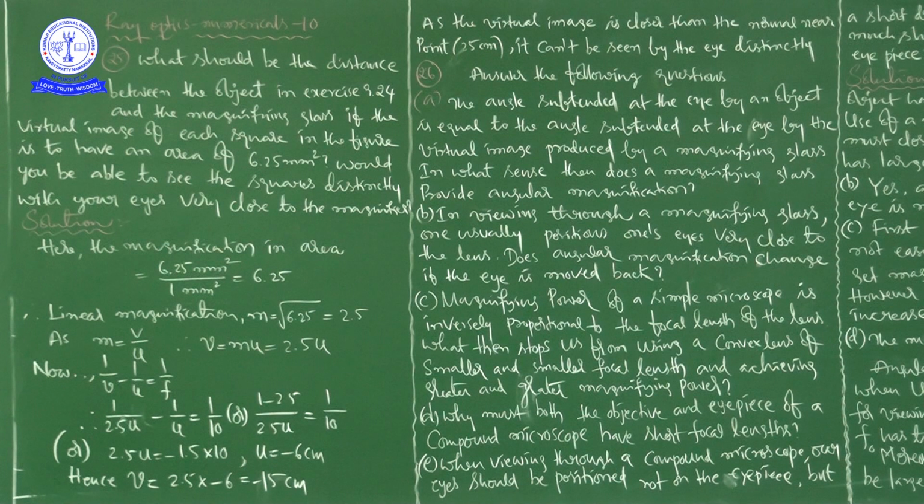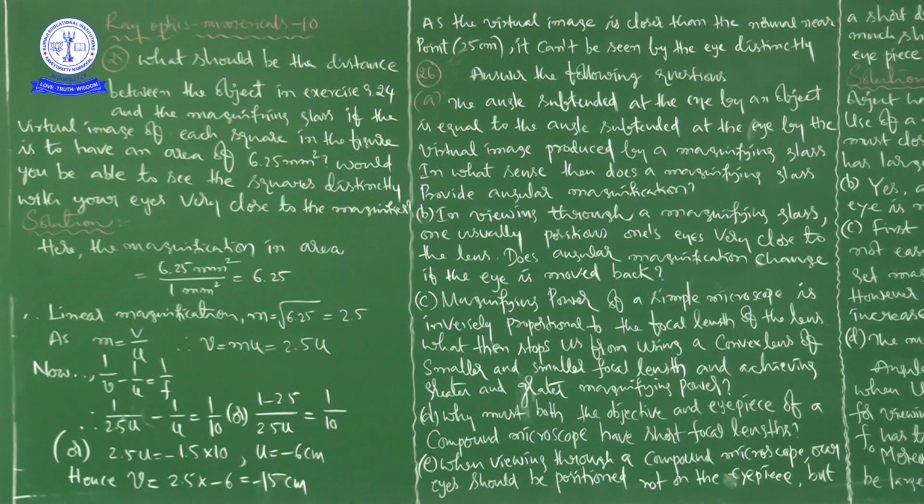Next, he is asking, would you be able to see the squares distinctly with your eyes very close to the magnifier? As the virtual image is closer than the normal near point, that is 25 centimeters, it cannot be seen by the eye distinctly.